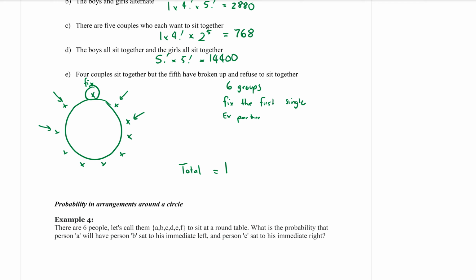So I could put them here, or I could put them there. That's 2 options. Or I could have put another couple here and another couple there and sat the ex-partner right opposite. So there are 3 different ways the ex-partner can be seated.